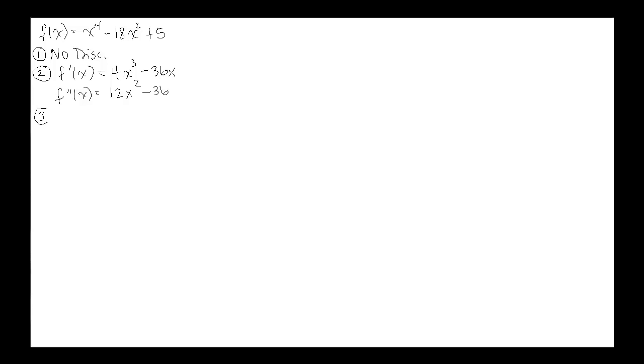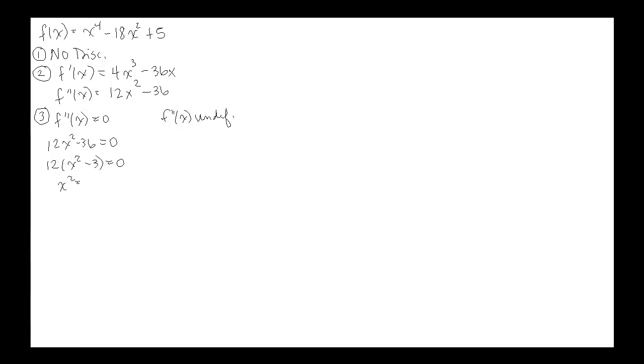All right. Third is find our candidates for points of inflection. That would be where the second derivative is 0 or undefined. So 12x squared minus 36 equals 0. Factor out a 12.